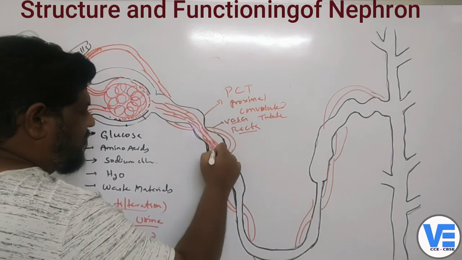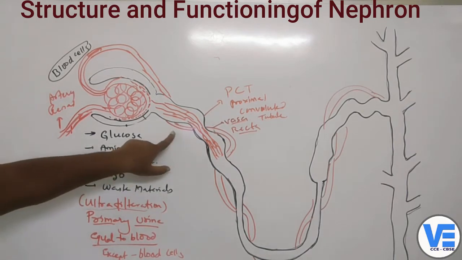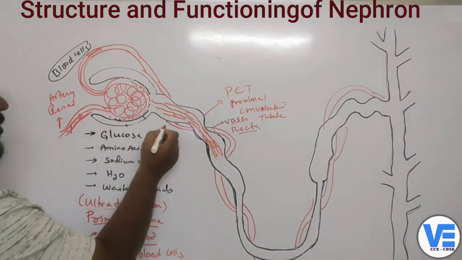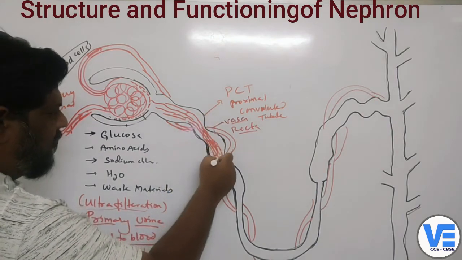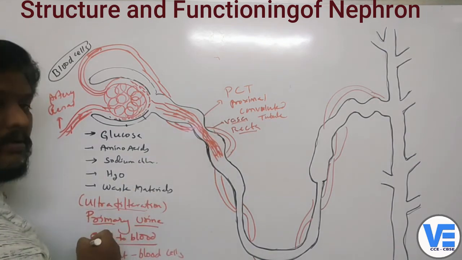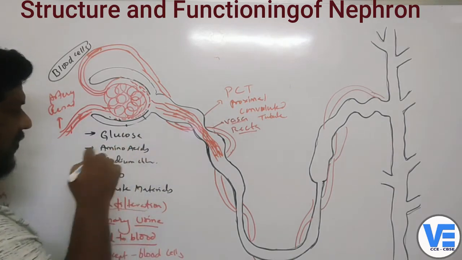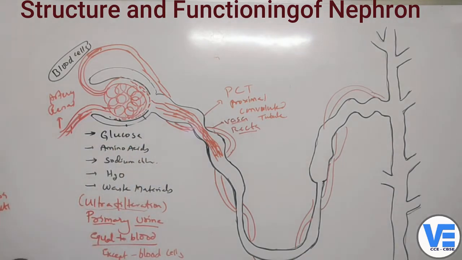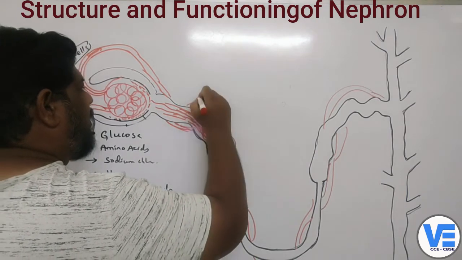Now what will happen here is, whatever the fluid which is coming out, the primary urine which is traveling through the proximal convoluted tubule, from that, already we have seen that there is a tubular network.